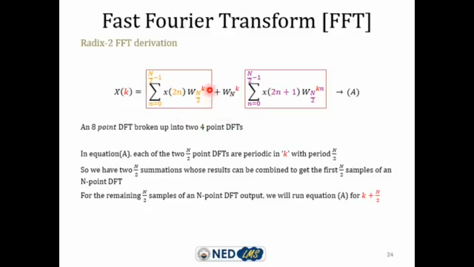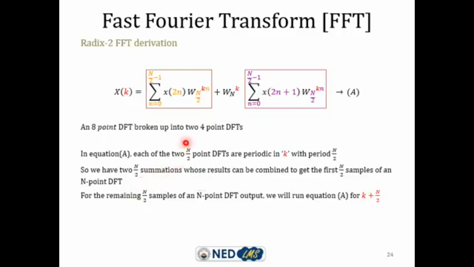Before combining these 4 point DFT outputs, we have to multiply the second 4 point DFT outputs with W_8^0, W_8^1, W_8^2 and W_8^3 in order to get the first 4 samples of the 8 point DFT output. So in this way, we can calculate the first N by 2 samples of an N-point DFT.